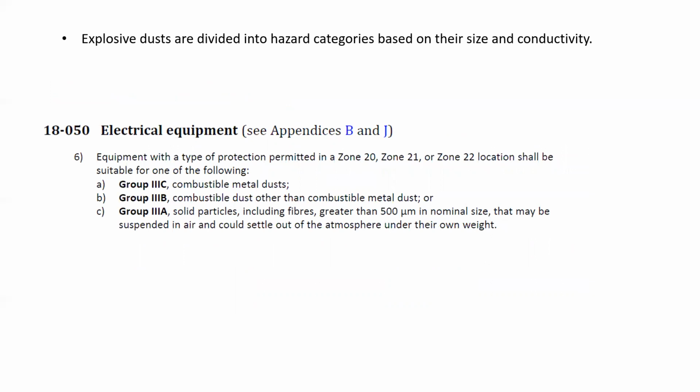If we take a look at 18050 again, Subrule 6 indicates that equipment with a type of protection permitted in the dust zones is suitable for group 3C, 3B, and 3A.